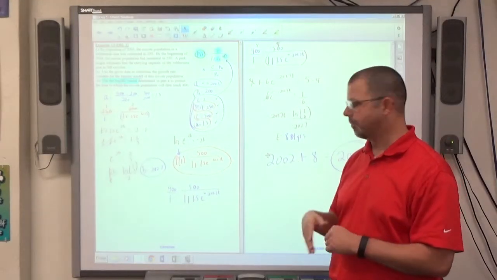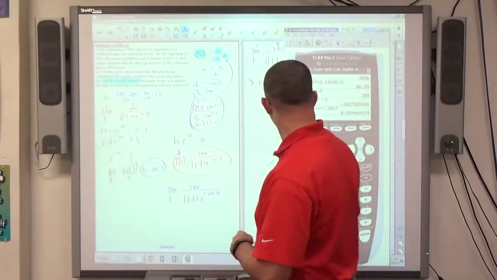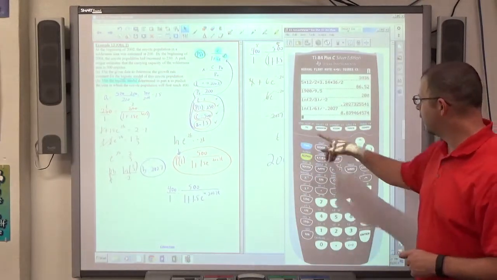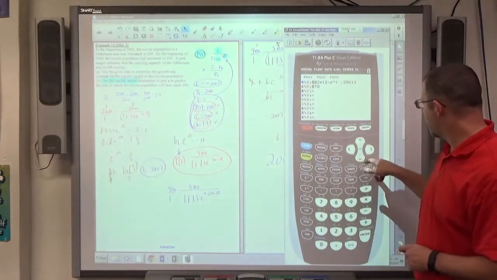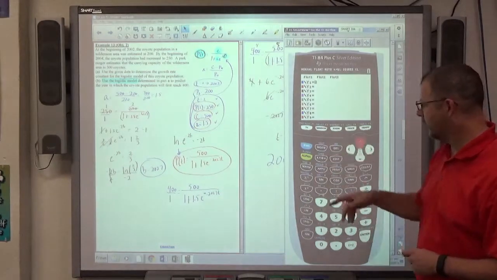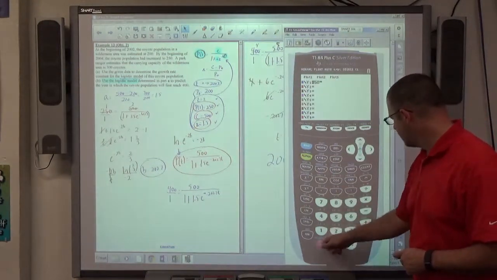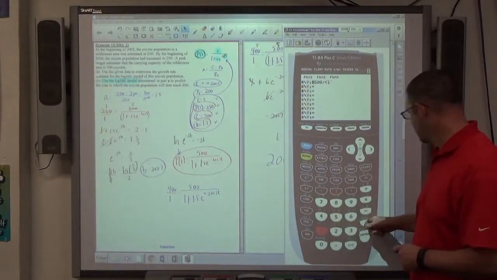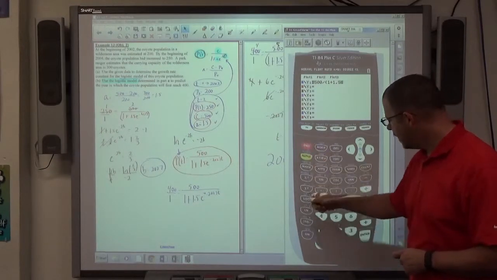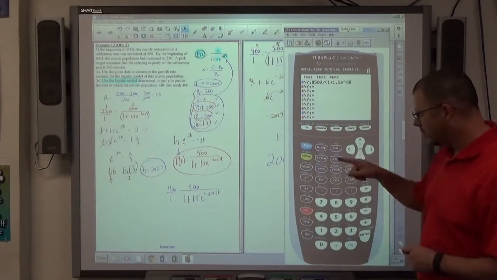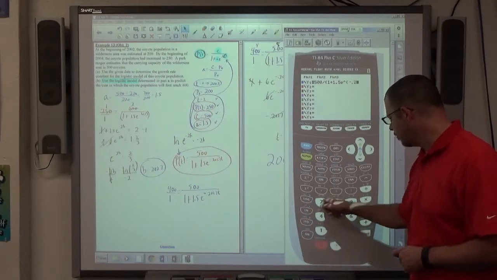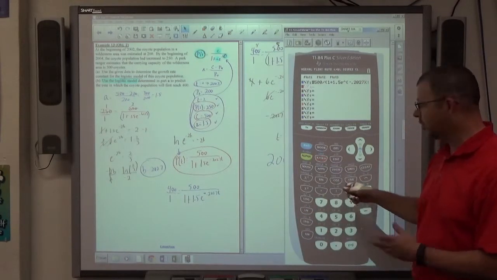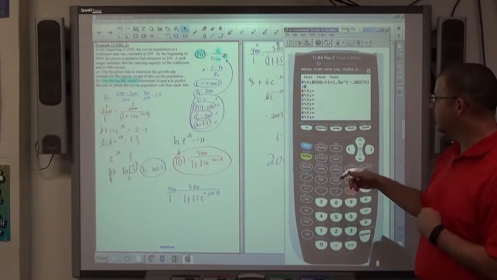So then you can just do what we did there. The other way of doing it is this. Go to y equals, clear this out, and type in your equation. So 500 divided by parentheses 1 plus 1.5 e caret negative 0.2027x, end parentheses for the e, end parentheses for the division.